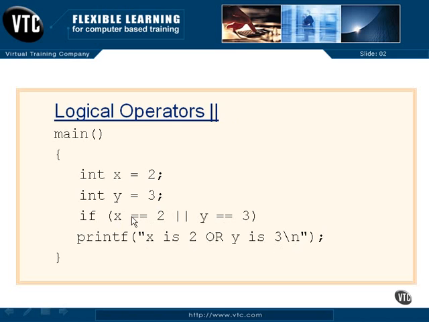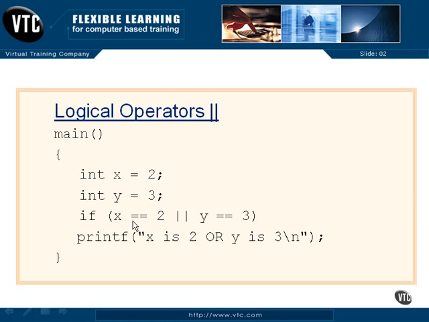And whether it is or not, we know because this is an or, we still need to look over here and see if this side is in fact true or valid. And if they are both true, then we will get our printf down here, x is 2 or y is 3. Either one. If either one, I want to make sure I said that right.